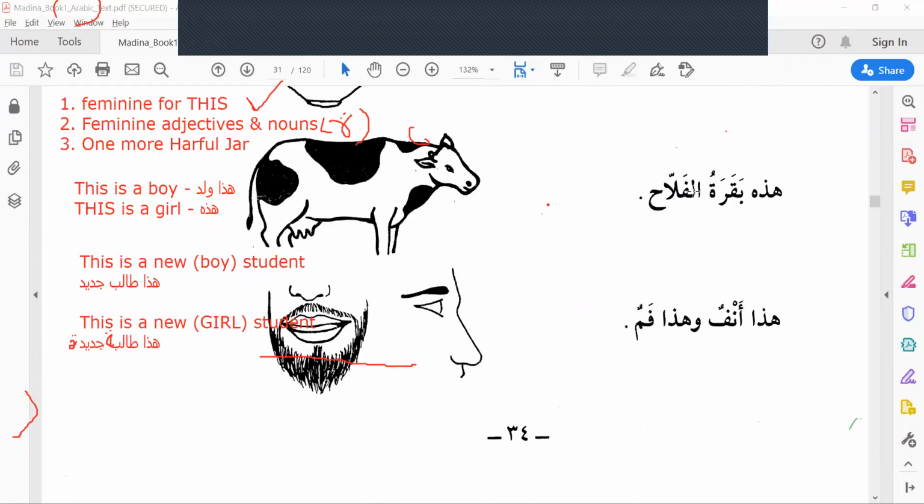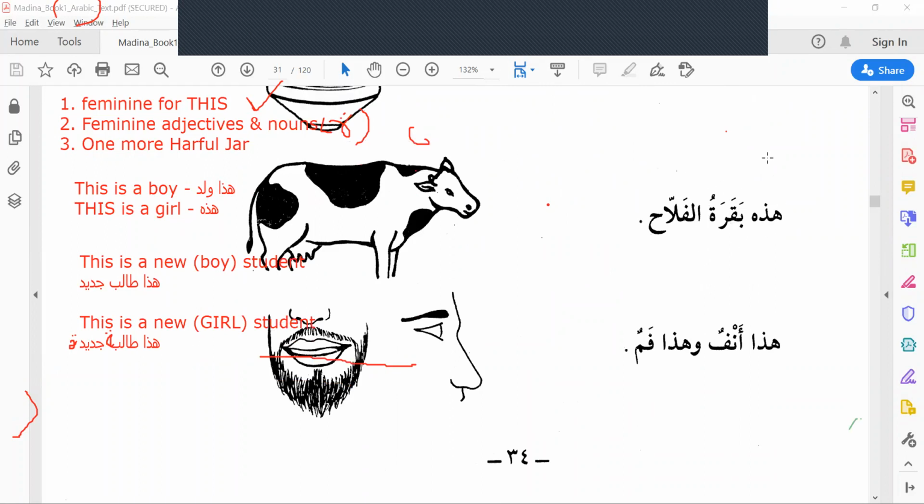هذه بقرة الفلاح. Baqara. Have you heard this word anywhere? Surah Baqarah, Alif Lam Mim. Suratul Baqarah. Baqarah means cow, right? Fallah means farmer. This is the farmer's cow.